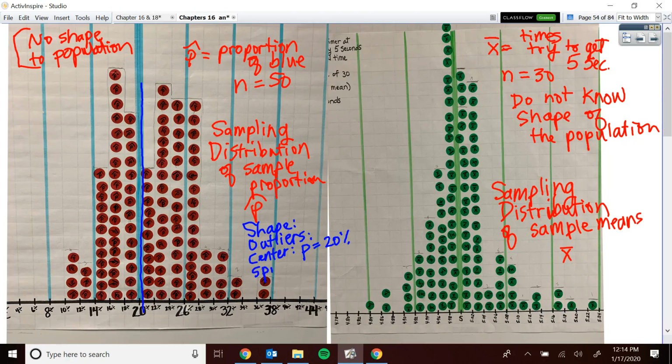How do I get the spread? How would I compute the standard deviation of all of those p hats? Do you remember how to do that? P times 1 minus P over n, and then you square root it. Well, I did that, and it comes out to 5.6%. To make it simple, it was about a spread of 6 percentage points. Hence, one standard deviation up is at 26%, and the next standard deviation up is at 32%.